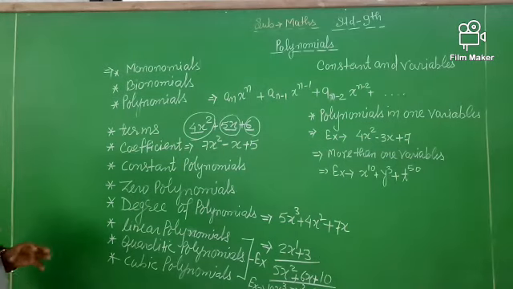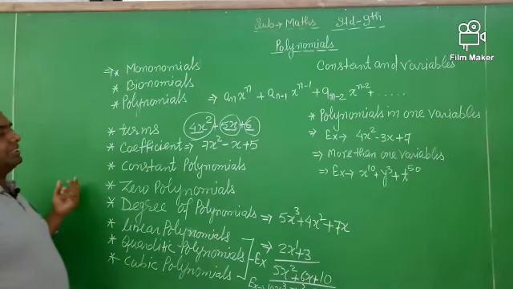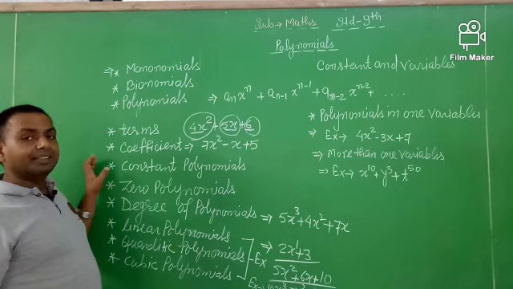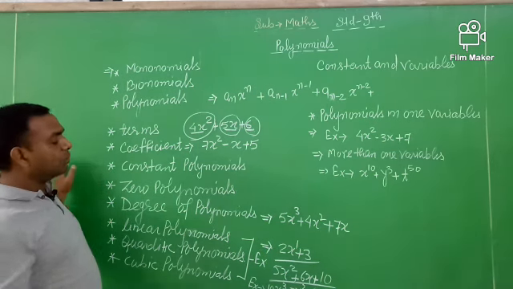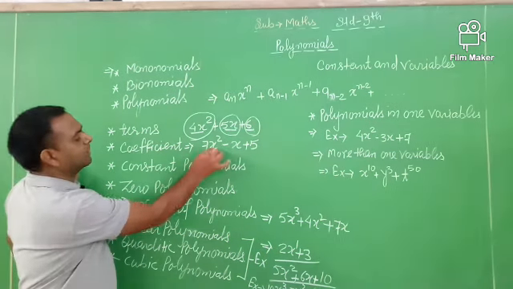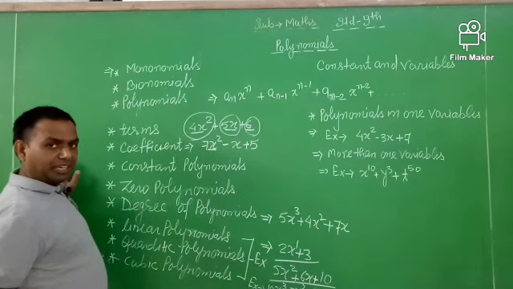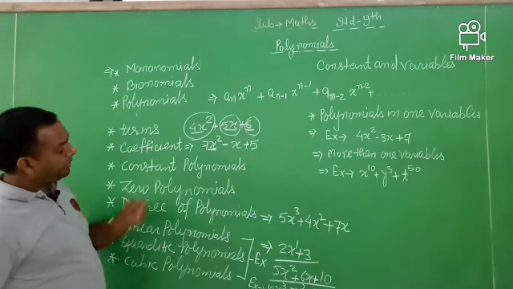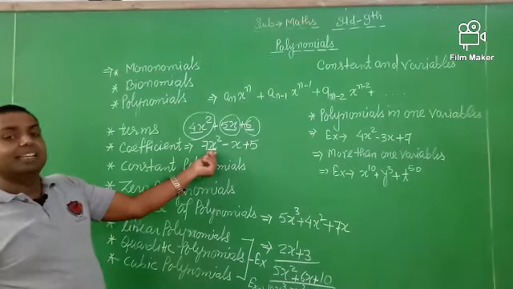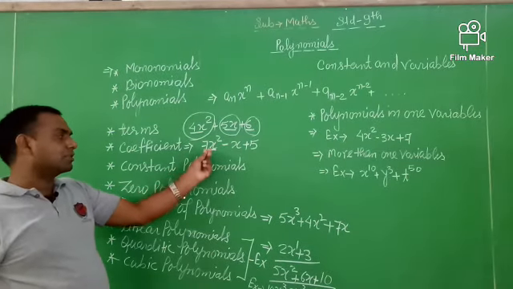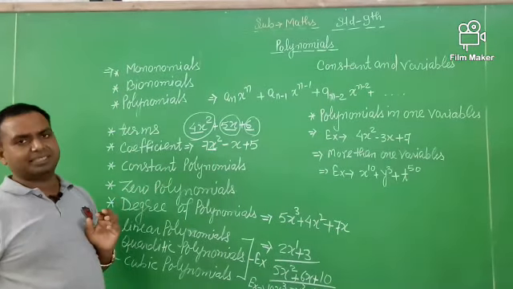Coefficient. What is a coefficient? If you want to find the coefficient of x square, you see which number is multiplied with x square; this is called the coefficient of x square.